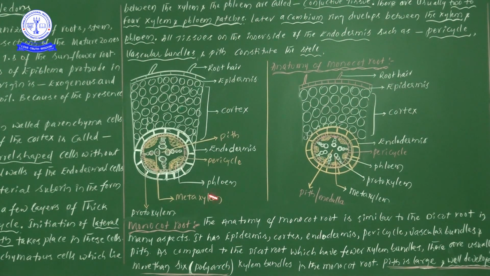Tetrarch is common in the dicot root, where only 4 are there. Polyarch means more than 6 are there.